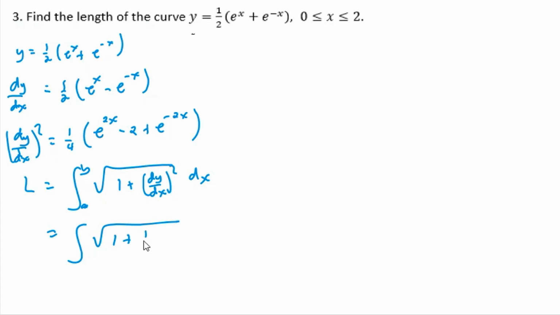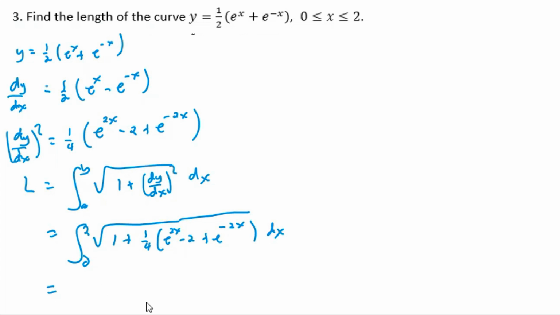We have 1/4 times e raised to 2x minus 2 plus e raised to negative 2x of dx from 0 to 2.